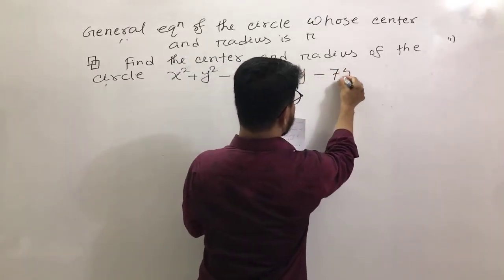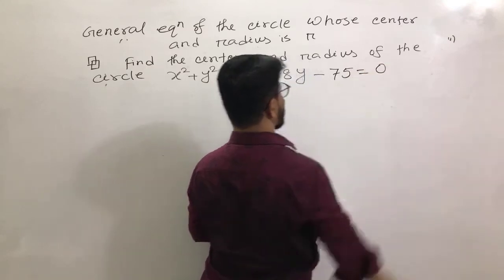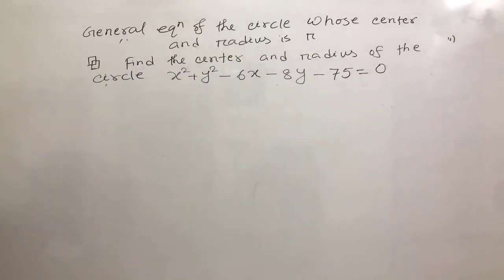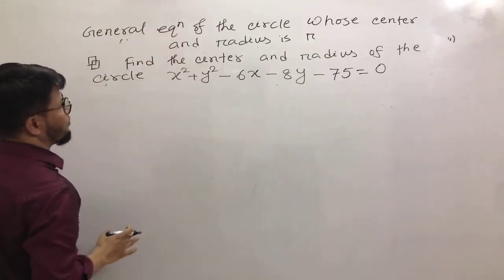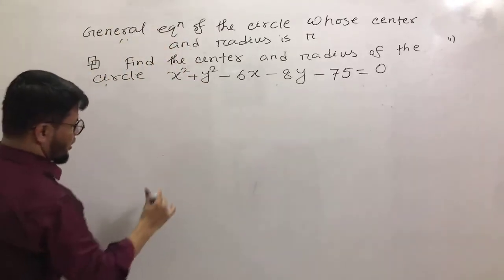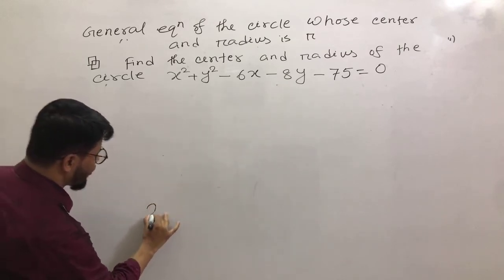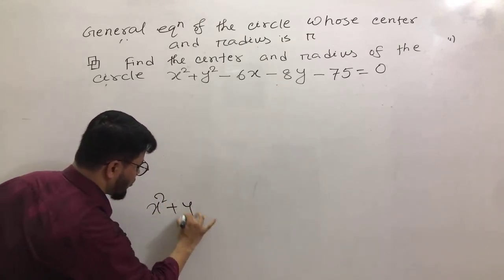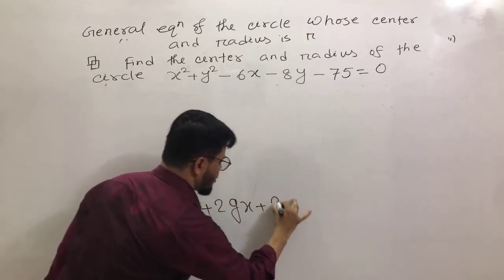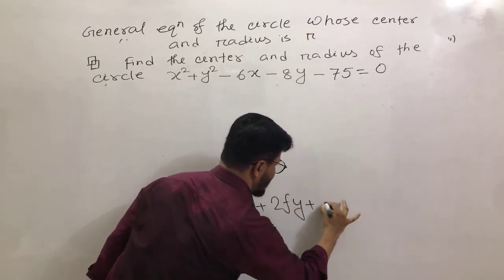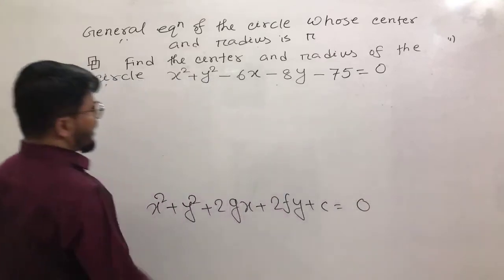minus 75 equal 0. So, my dear students, you have to convert this equation into the standard form. I am writing here the standard form: x square plus y square plus 2gx plus 2fy plus c equals 0.